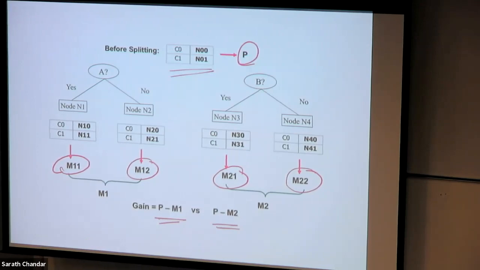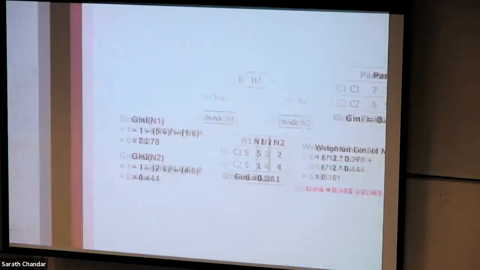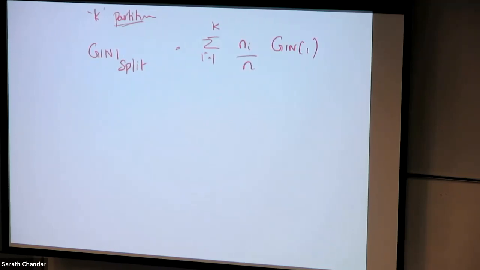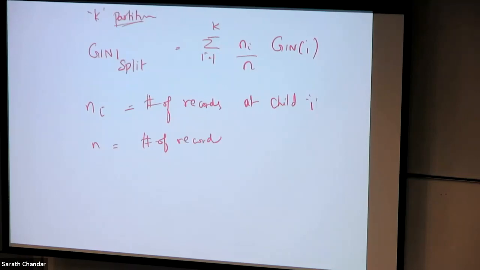So the Gini for a split, let's say there are k partitions, is given by the summation over i equal to 1 to k of ni by n times Gini of i, where ni is the number of records at child node i, and n is the total number of records at the parent node.